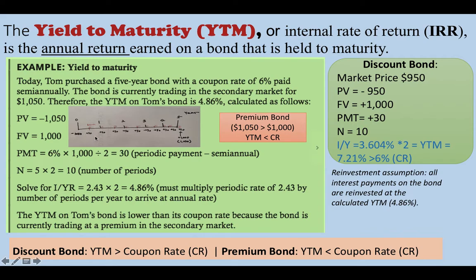Instead of taking cash, you reinvest it at the rate, here 4.86% annual rate. Then your yield to maturity is true. In reality it is a little different. Anyway, that's how you calculate the yield to maturity.